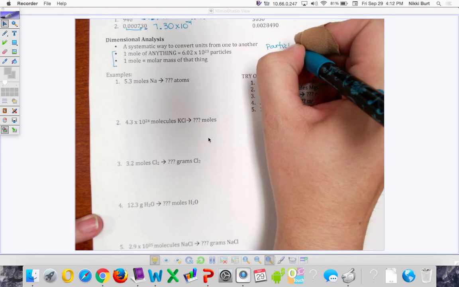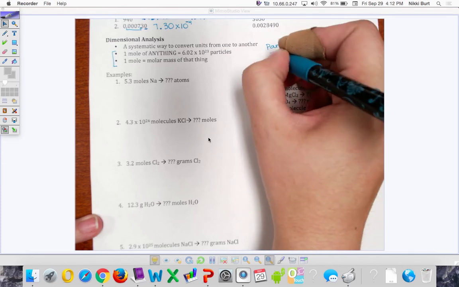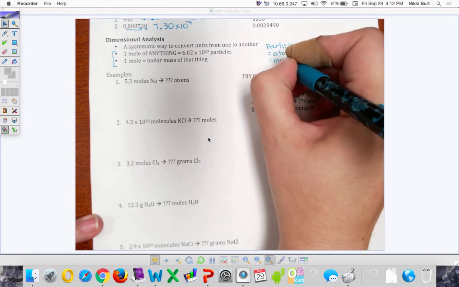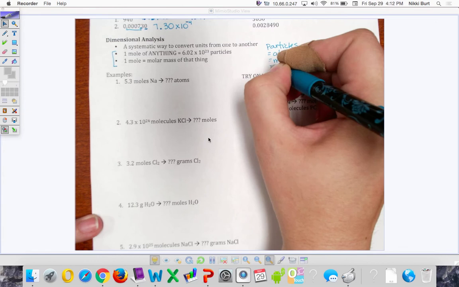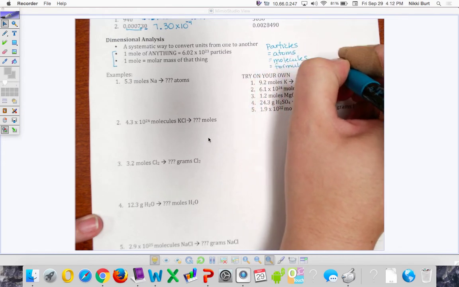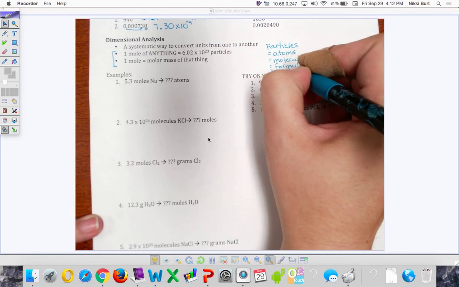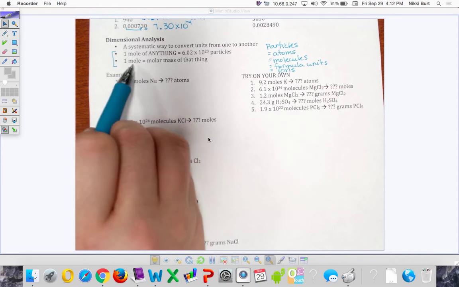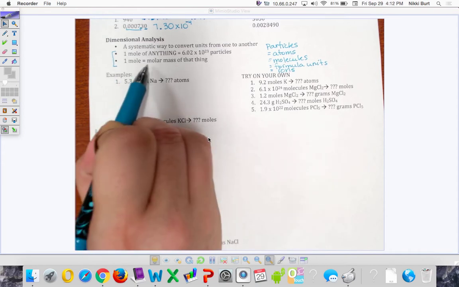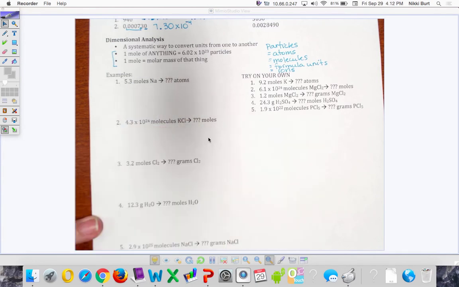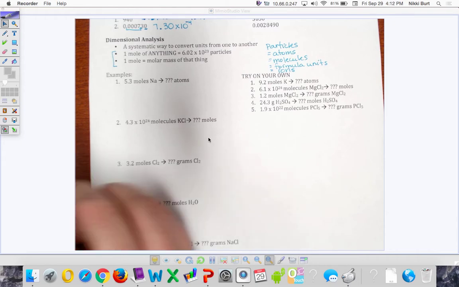And we discussed how the word particles can mean it's the same as saying atoms or molecules or formula units or ions. So all those terms mean the same thing. And then 1 mole of a substance has a mass specific to the molar mass, which we calculated out and practiced doing that in the previous video.